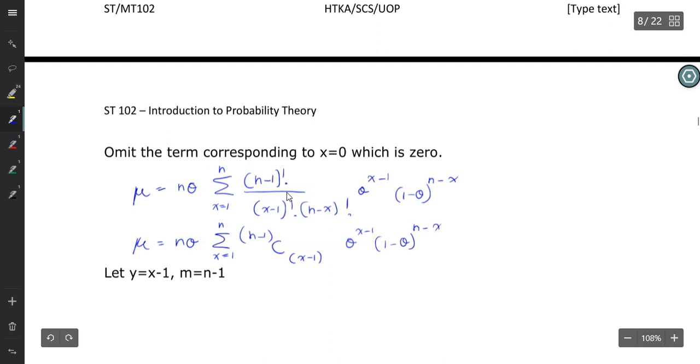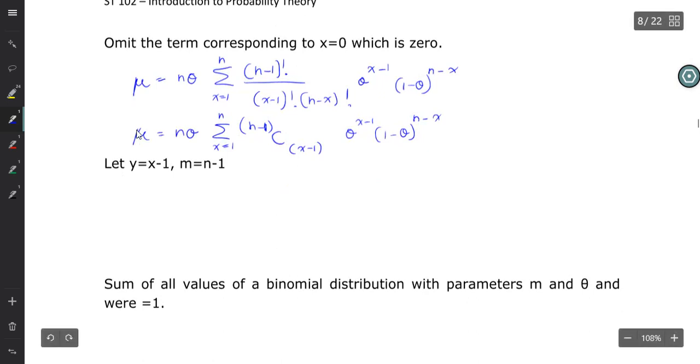Now this is something very familiar because, let's make x minus 1 to be y and n minus 1 to be m. Let's see how your formula now looks like. Mu is n theta times the sum, and y is x minus 1, so x equals 1 will be y going from 0 to m.